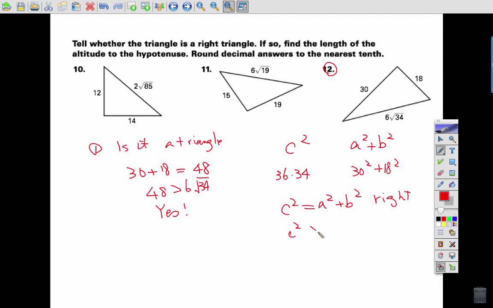If c squared is greater than a squared plus b squared, again, notice c squared has to be the hypotenuse, I have an obtuse triangle. If c squared is less than a squared plus b squared, I have an acute triangle. Okay? It's important to know that we put c squared on the left-hand side so that these inequality signs are consistent with our impressions of these triangles. It makes life easier.